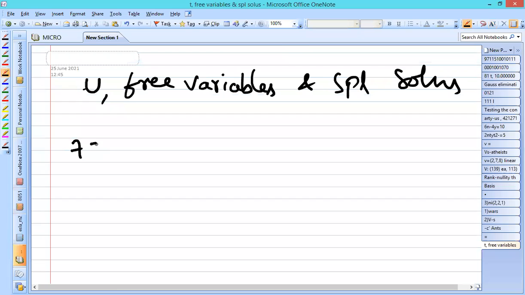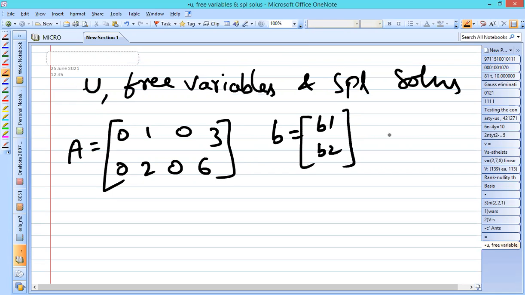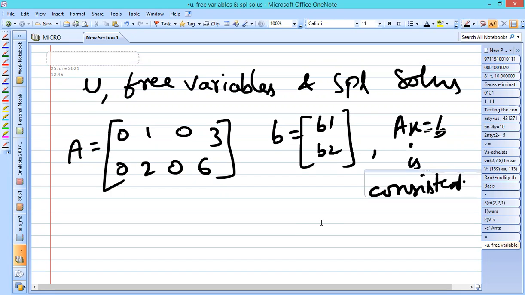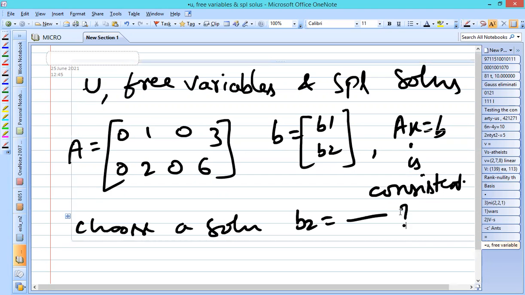For the matrix A equal to 0, 1, 0, 3, 0, 2, 0, 6, and B equal to B1, B2, AX is equal to B is consistent.